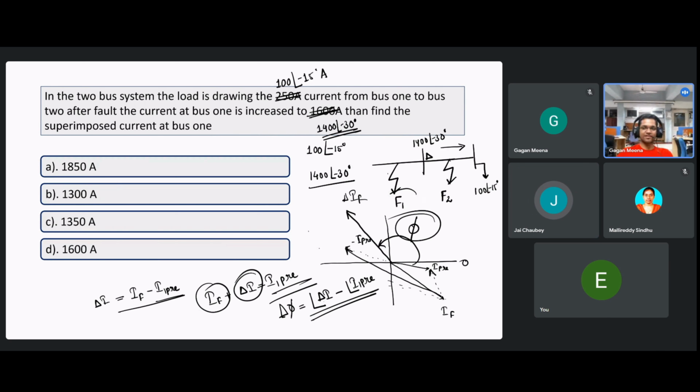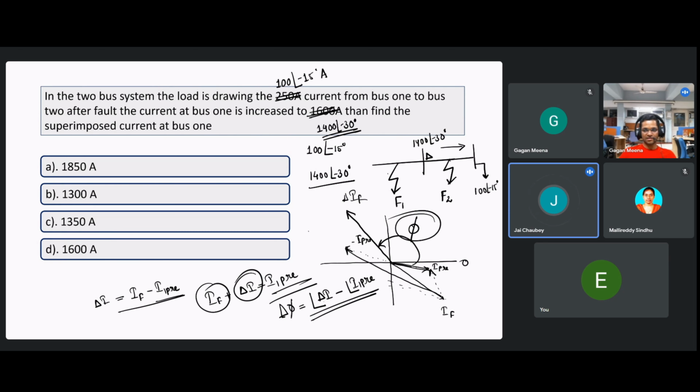So we have a fault in F. We have a fault here. Is it okay? So if fault F2 is there, I pre will remain the same.